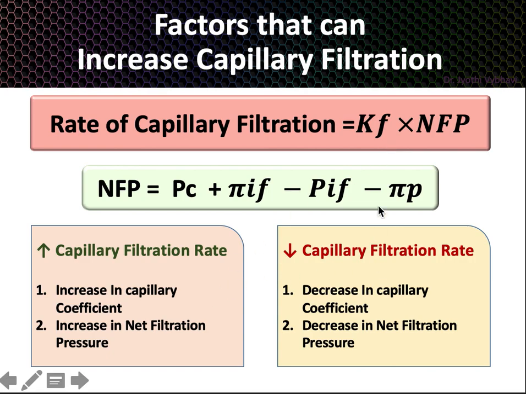A decrease works the same way. You should remember that the capillary filtration coefficient depends on the number of pores in the capillaries and also the number of capillaries. So all this determines the capillary coefficient.